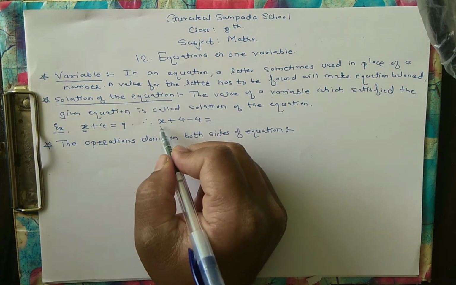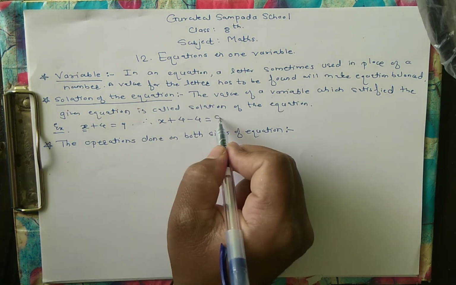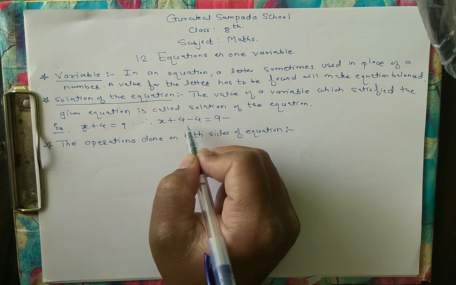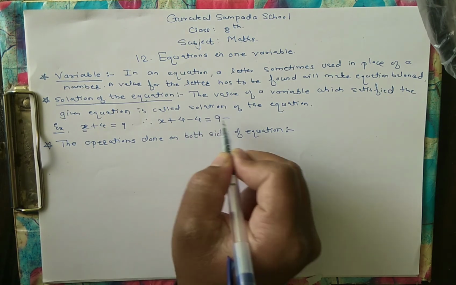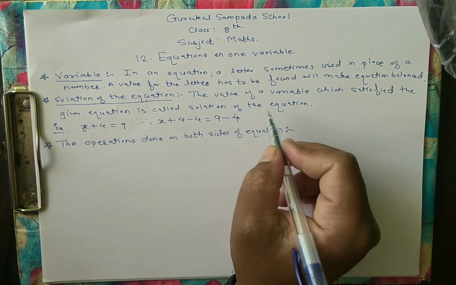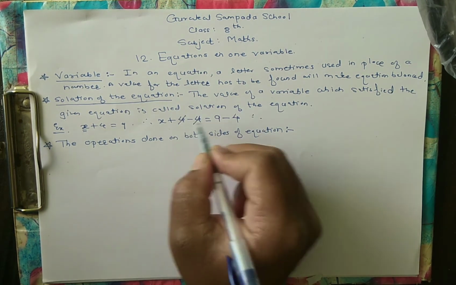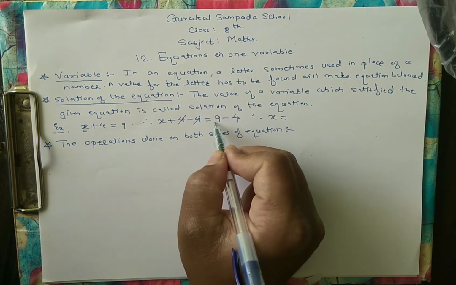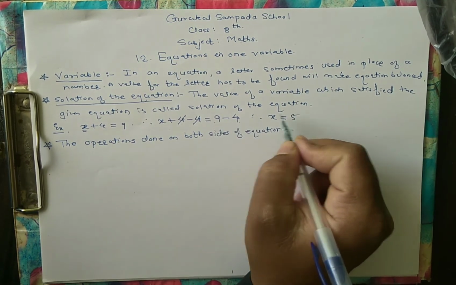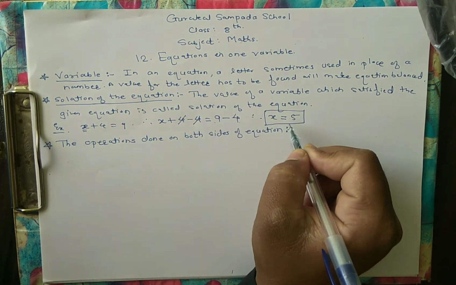The same operation is performed on the right side: we subtract 4. So on the left side only x is left, and 9 minus 4 is equal to 5, which means the value of the variable is 5.